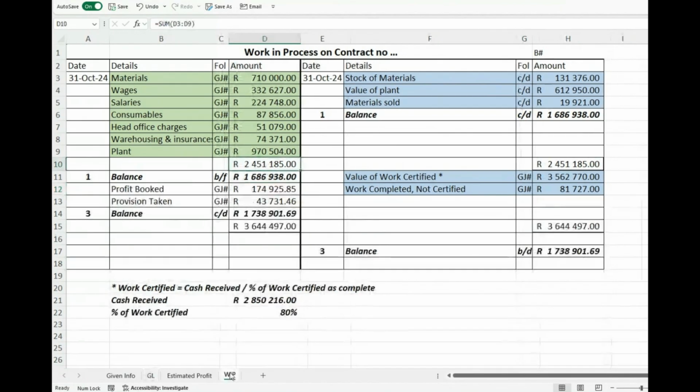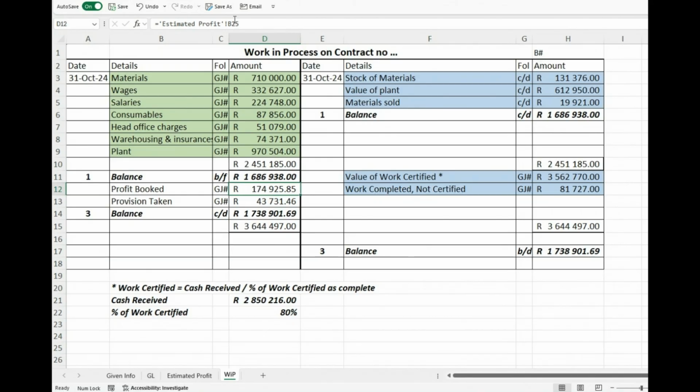Although you're not looking at that balance 2 now, you're only looking at balance 1. And then you are going to say, okay, let me add the profit that was booked and the profit that was taken and the provision that I took. So the profit booked, where do I get the profit booked from?